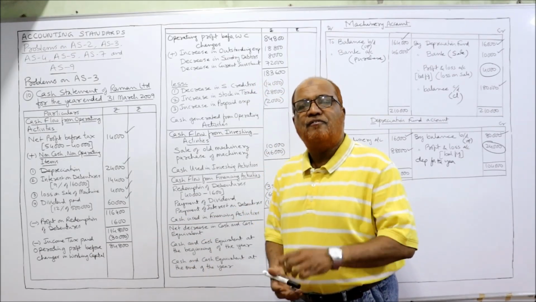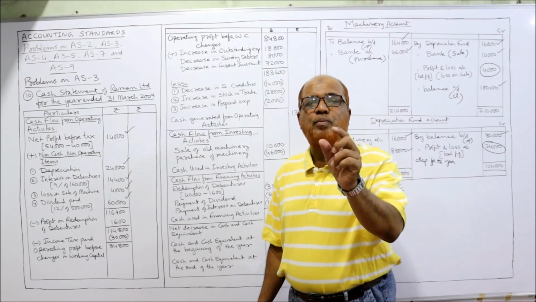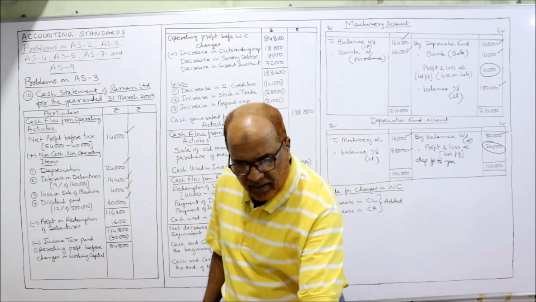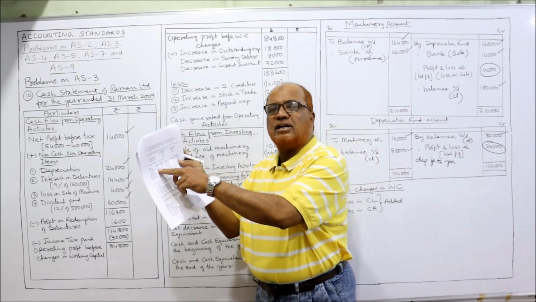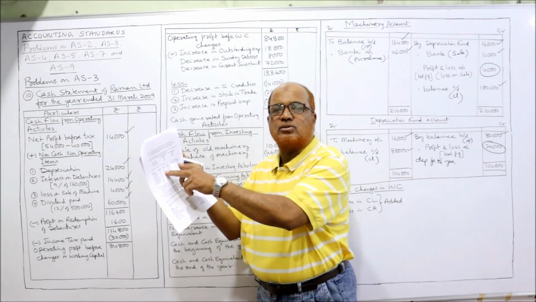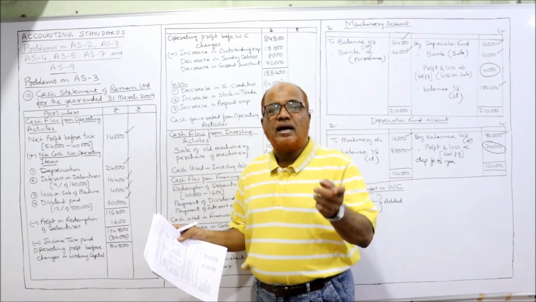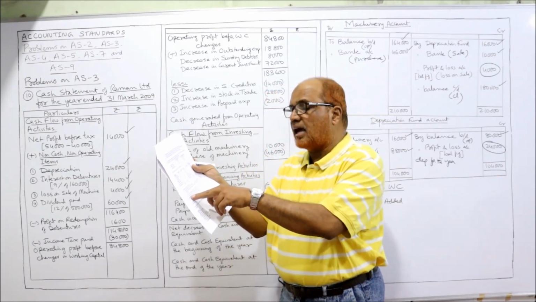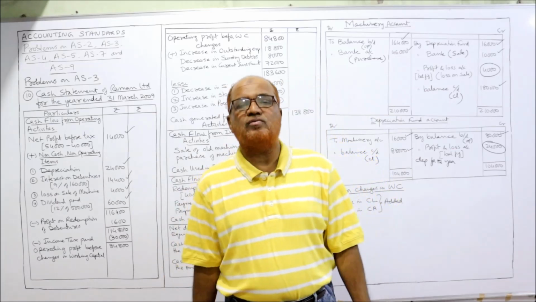it comes to 1,16,400. From this we deduct one item, that is profit on redemption of debentures. Debentures were redeemed to the extent of 40,000. 9% debentures last year were 2 lakh, current year 1,60,000. So 40,000 debentures are redeemed. But at the time of redemption, discount was charged. 9% debentures were redeemed at a discount of 4% of their face value.